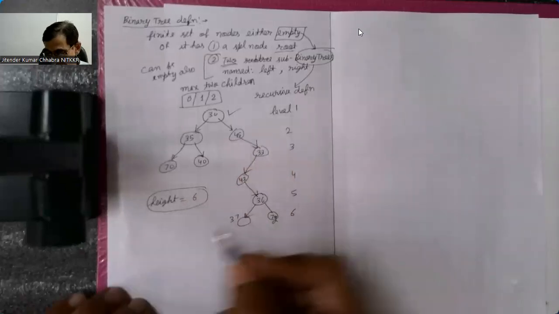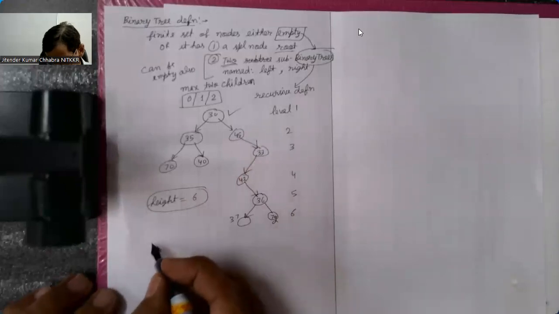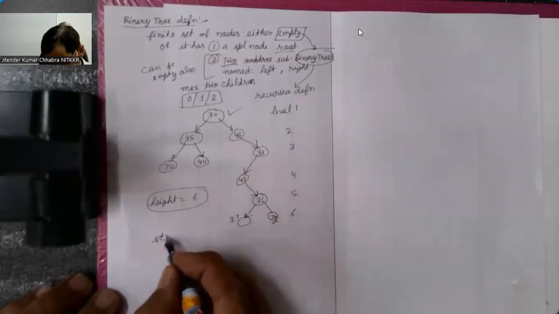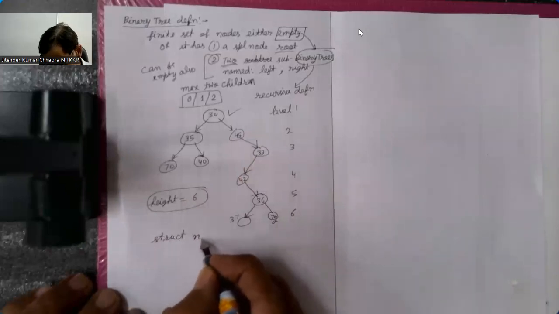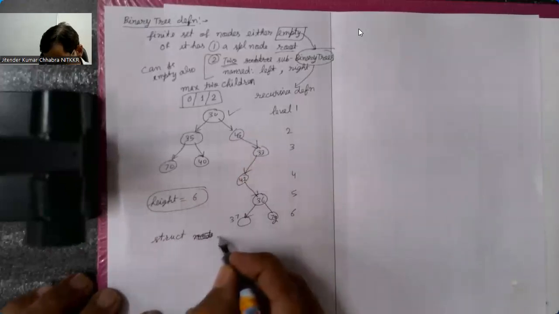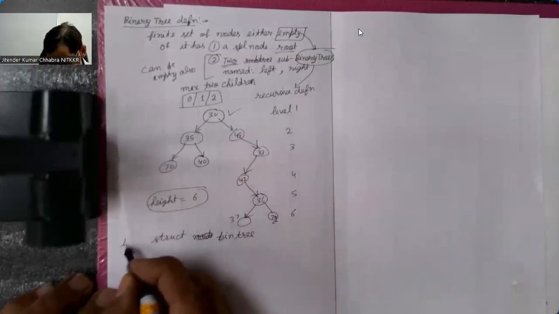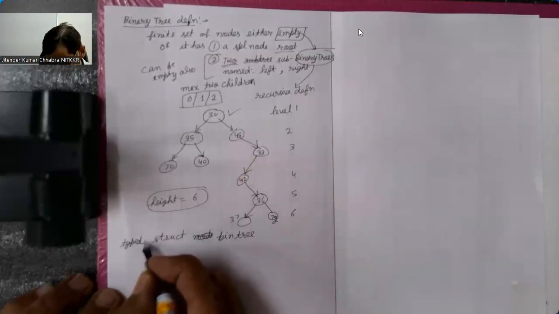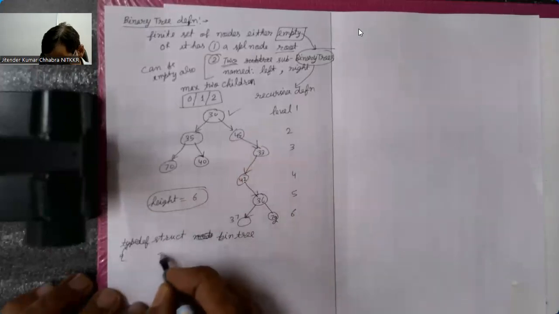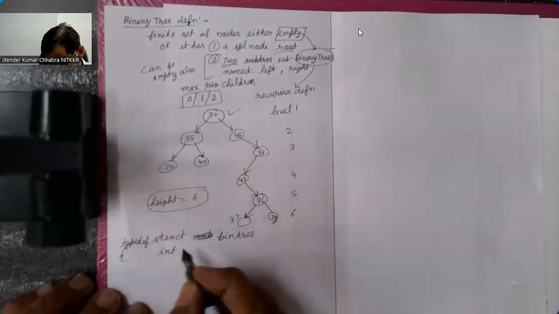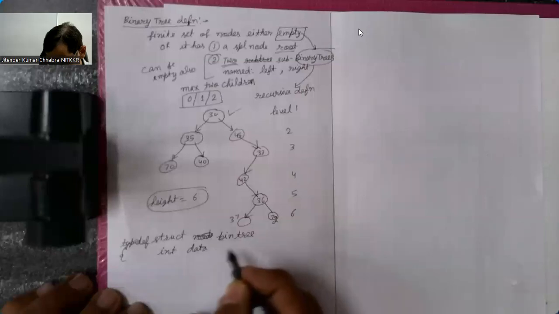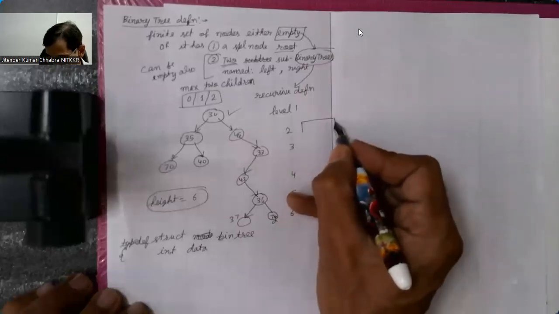Now, effectively, if I have to declare the structure, my binary tree node structure becomes simple. If I say, let's say, struct binary tree typedef, if you need, you can do. Of course, data. If I want only integer data, int, but otherwise it could be any data.